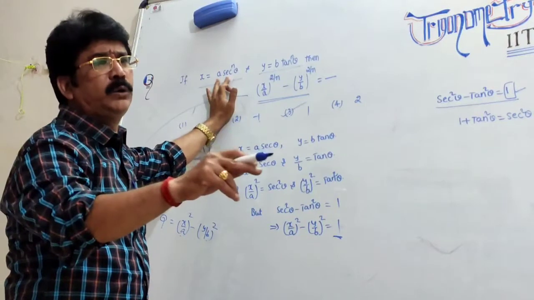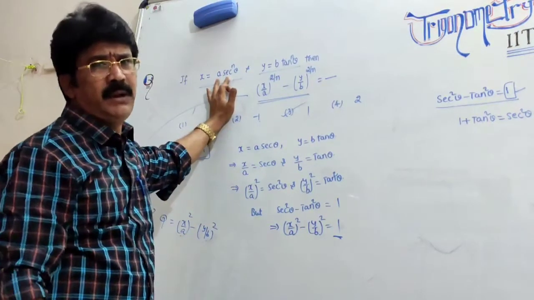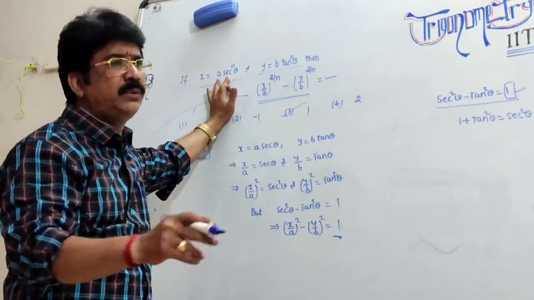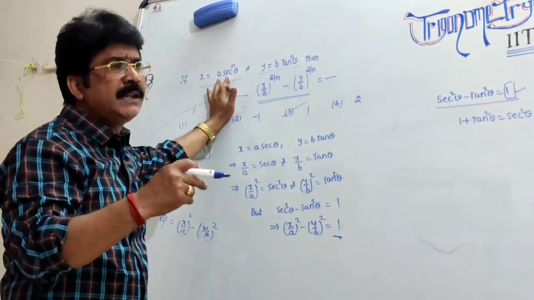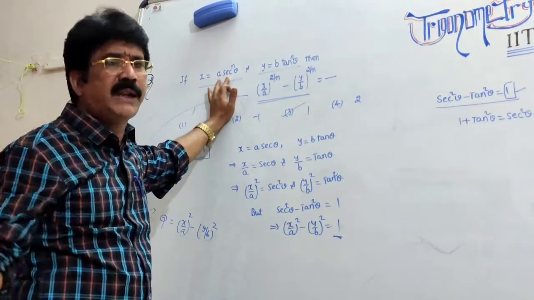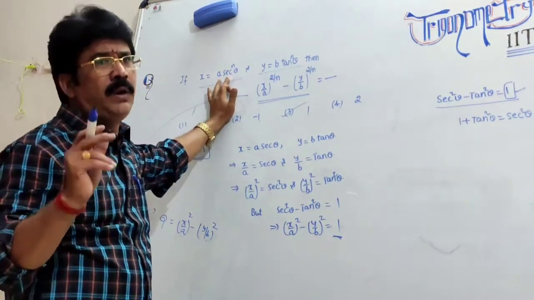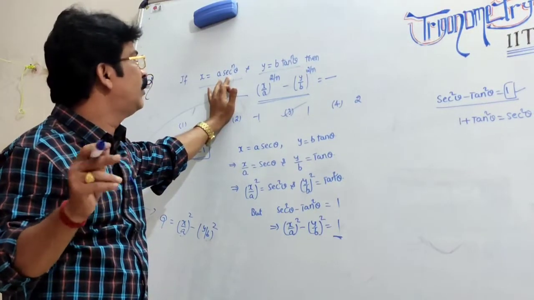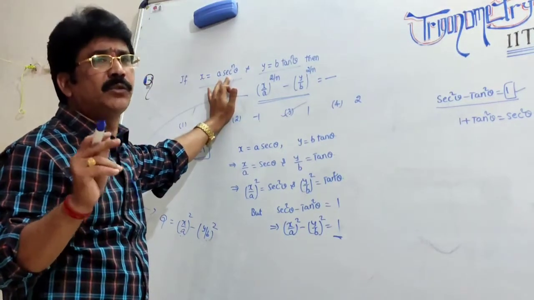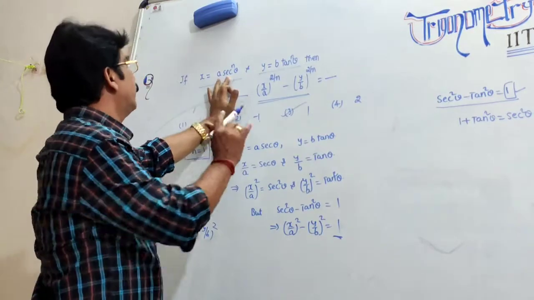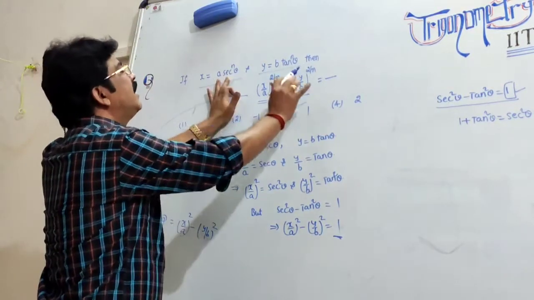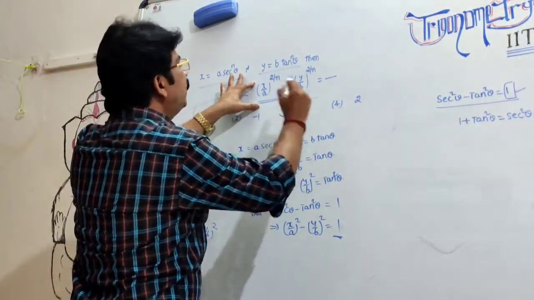Don't take theta equal to odd multiples of pi by 2, means don't take theta equal to pi by 2, 3 pi by 2, 5 pi by 2, 7 pi by 2, 9 pi by 2, like that. Understand? So without loss of generality, we have to take the value of theta. Therefore, for all theta, this value is equal to 1. Hence, the third option is right.